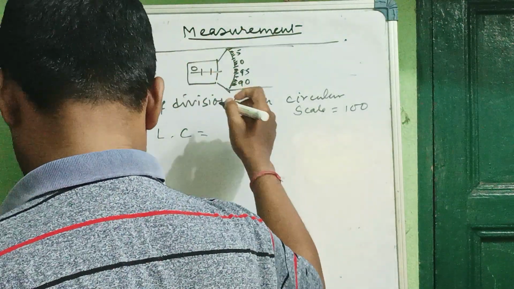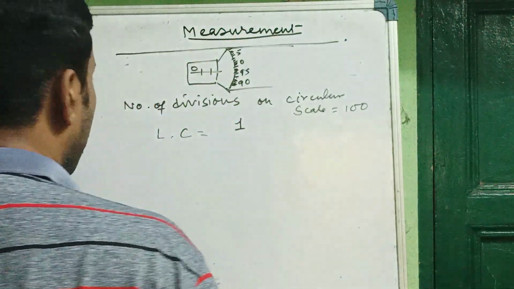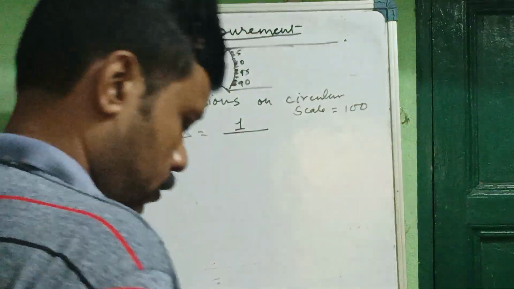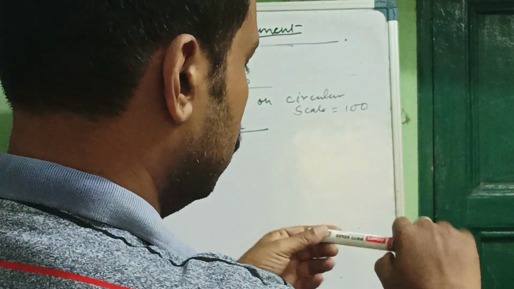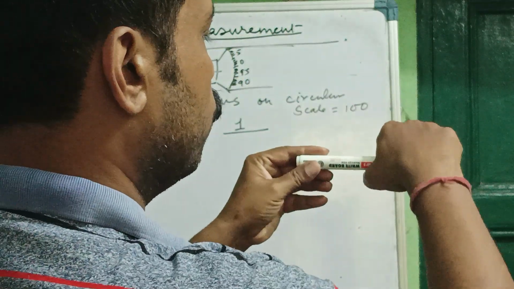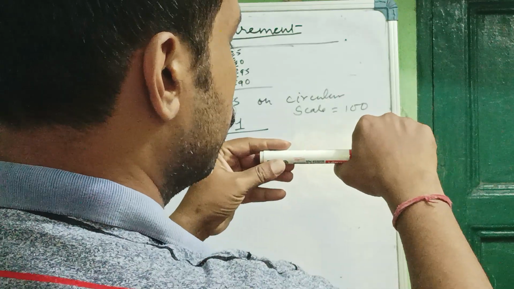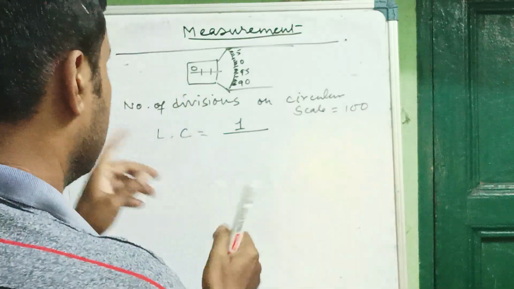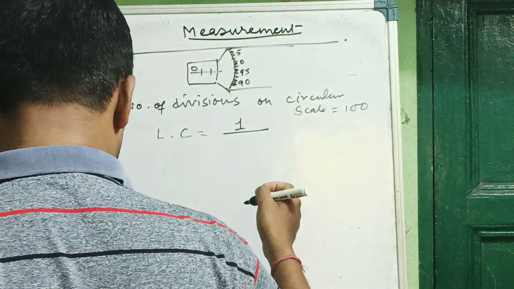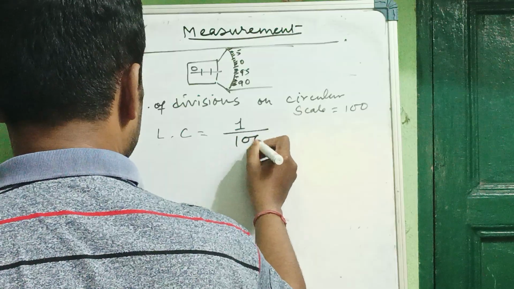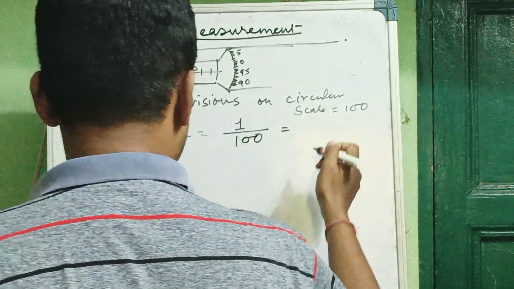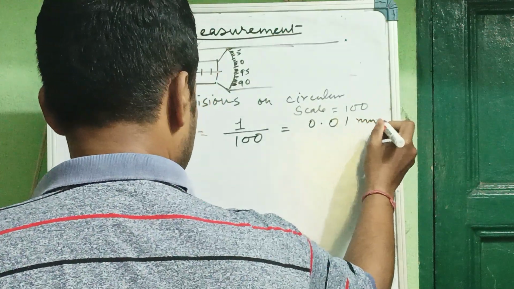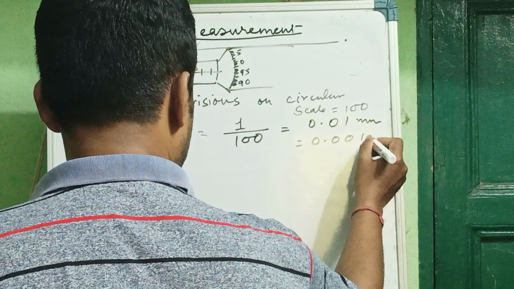The pitch of the screw is 1 millimeter. That is, if we go through one rotation of the circular scale, the main scale moves 1 millimeter. So pitch is 1 millimeter. So 1 divided by 100, because the circular scale has 100 divisions, that is 0.01 millimeter. If we take centimeter, 0.001 centimeter.